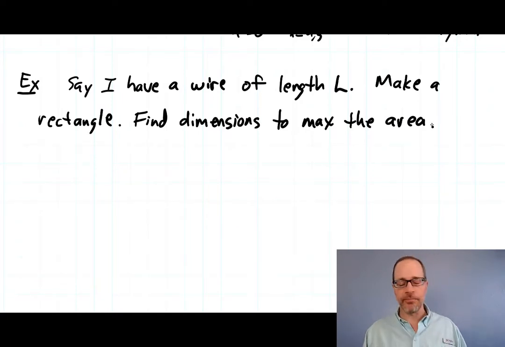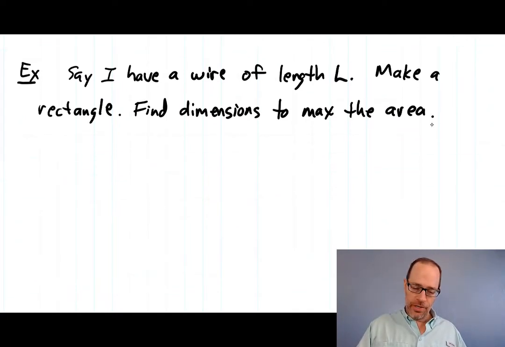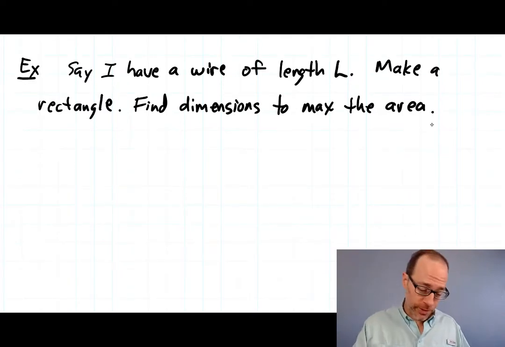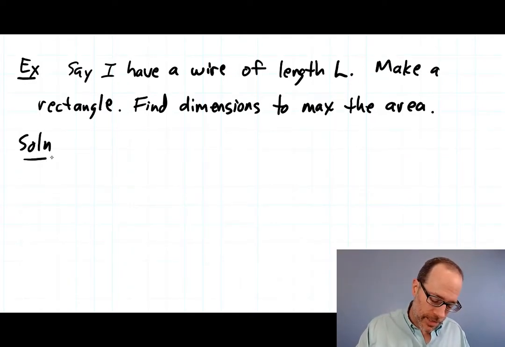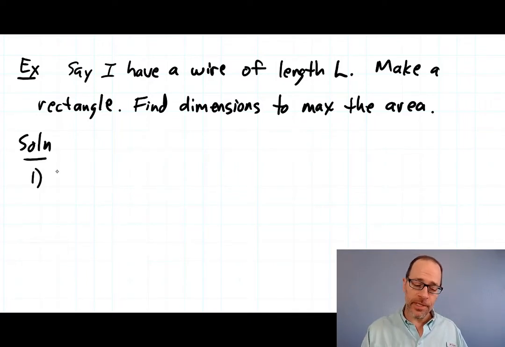All right. Okay, so these problems tend to follow a familiar pattern. And the first step is pretty much always to convert the word problem into math.